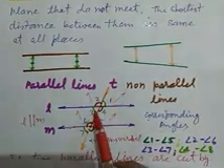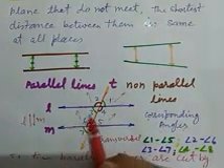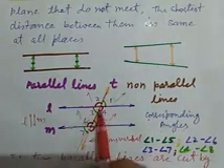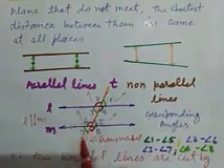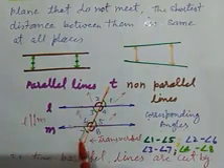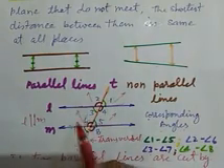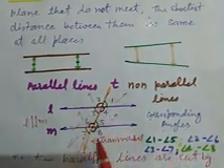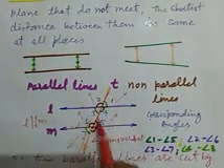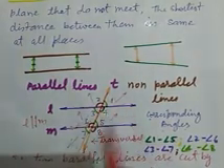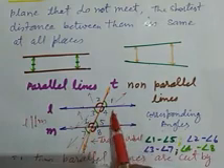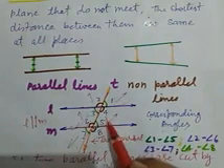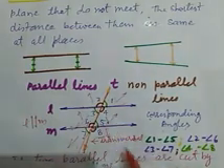Here 3 and 7 are also corresponding angles because they also make this type of flag. The direction of both angles is the same. Now 4 and 8 are also corresponding angles. They also make a flag, and the direction of these two angles is also the same.